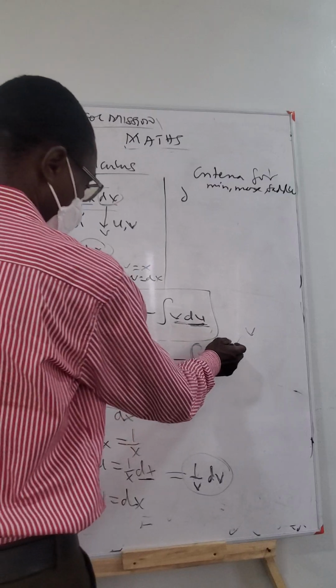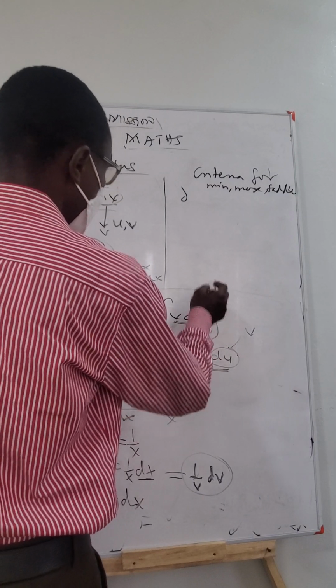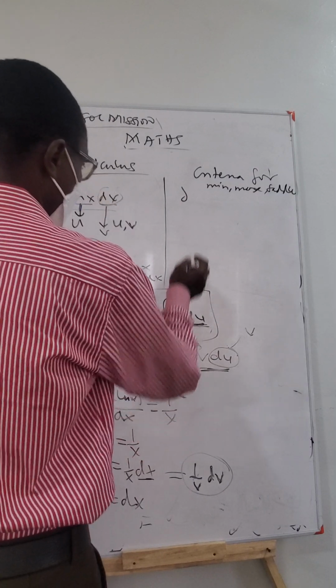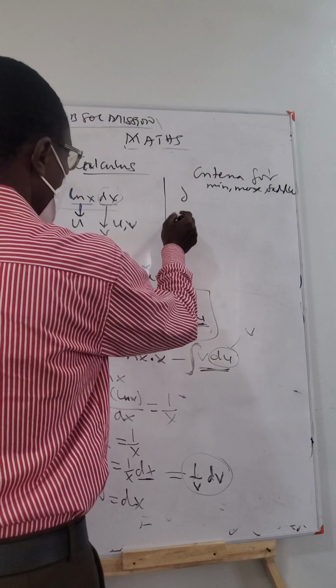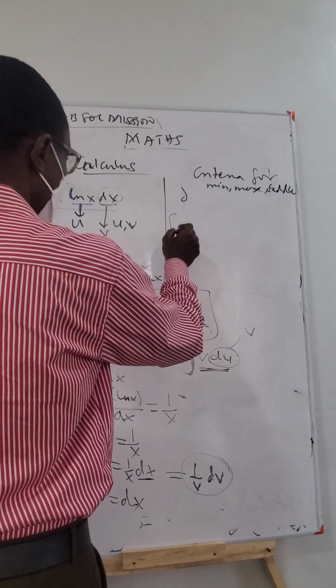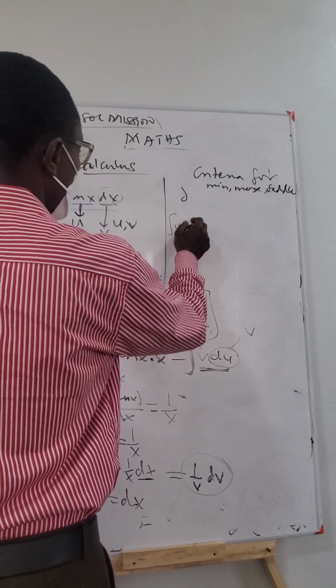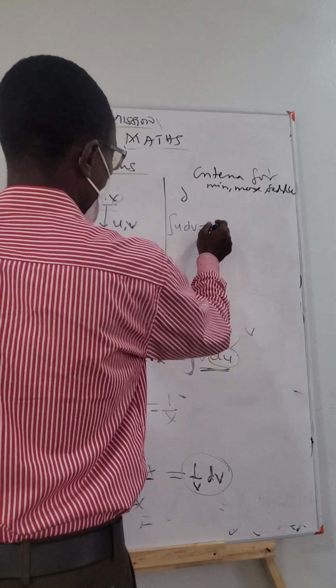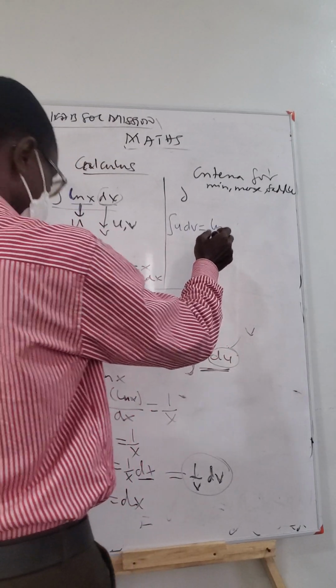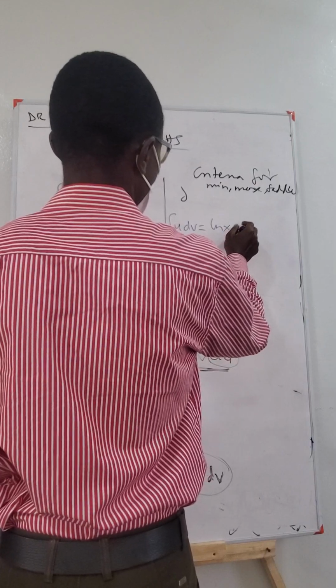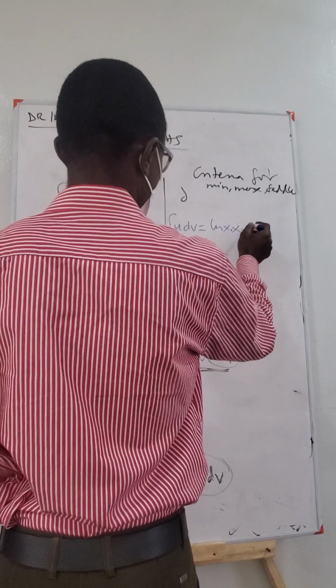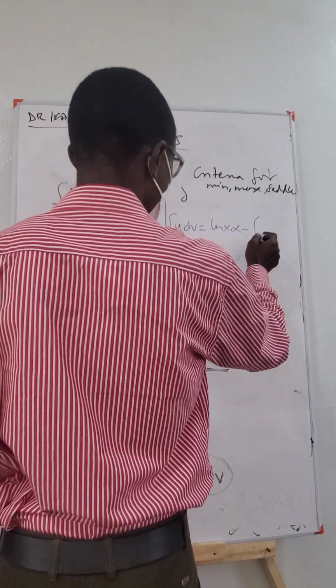So from here, we can say that integrating u dv now becomes ln x times x minus integrating v.